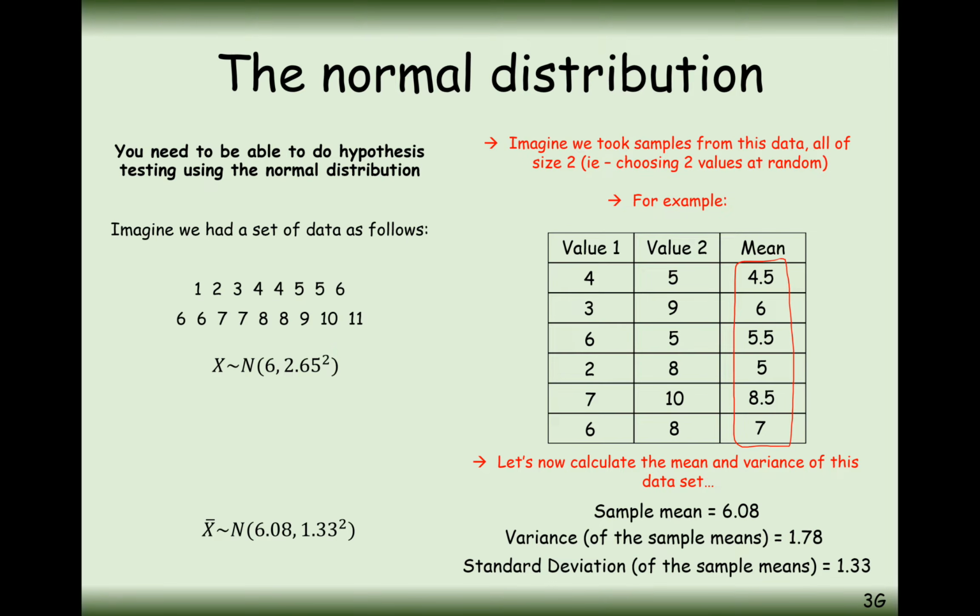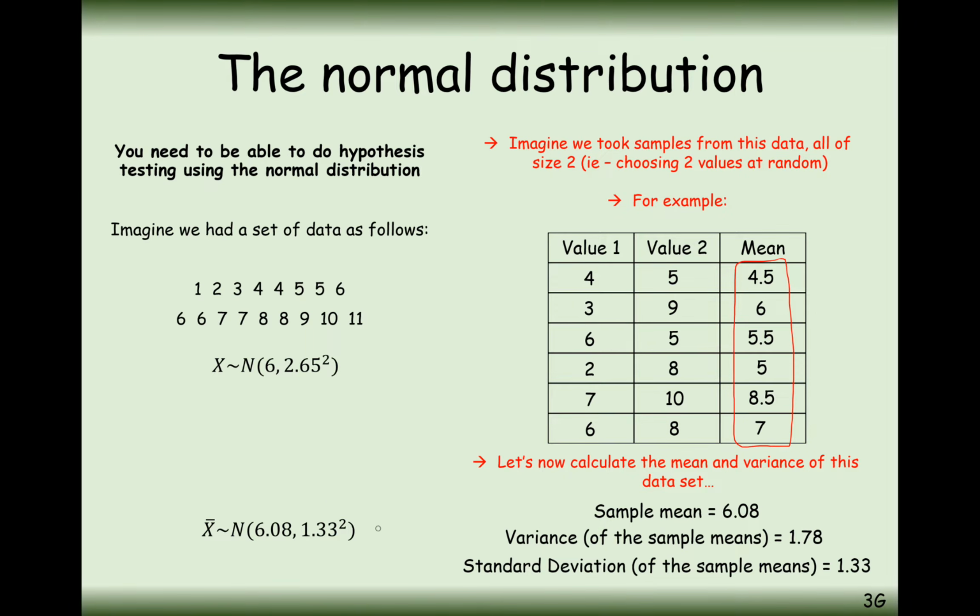So what we've done there is we've worked out that for this data set where we pick two data values at random, the means are normally distributed with a mean of 6.08 and a standard deviation of 1.33.